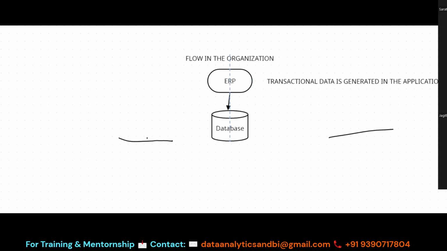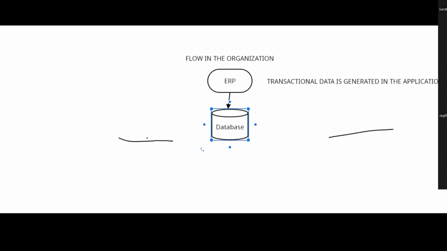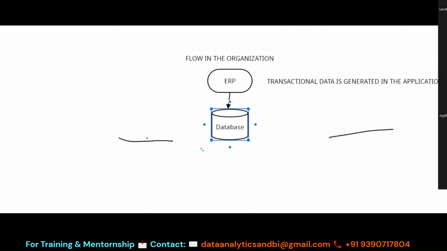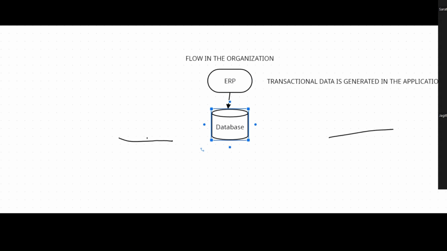The data is in the databases, in the SQL server or in any server. So there will be the database of the data that we get from the ERP. From the database, we get the data into Power BI.